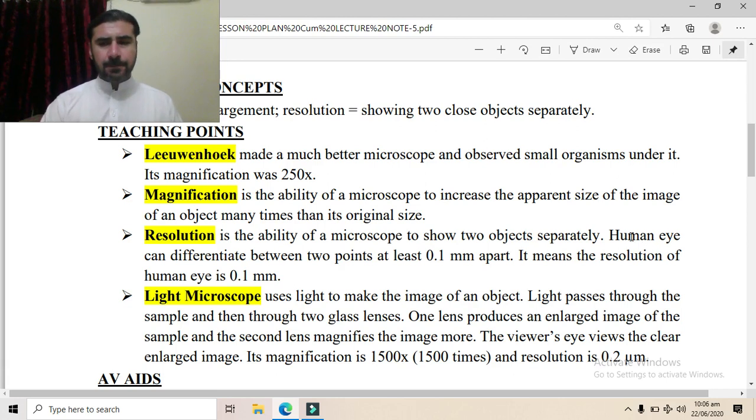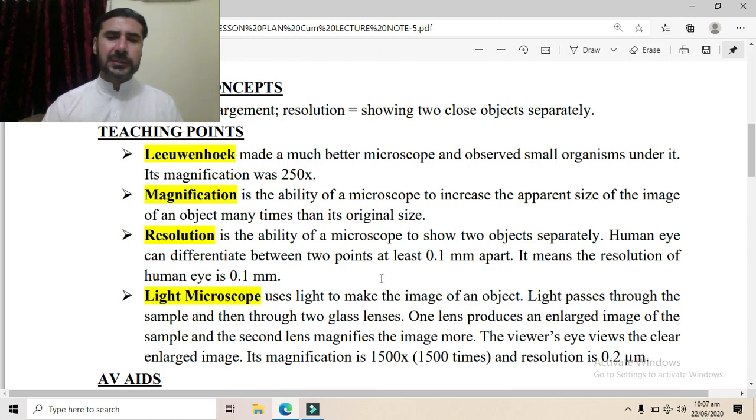For example, the human eye is just like a microscope, and it has its own resolution. The human eye can differentiate between 2 points at least 0.1 mm apart. If two objects are at least 0.1 millimeter apart from each other, the human eye will be able to differentiate these two things.